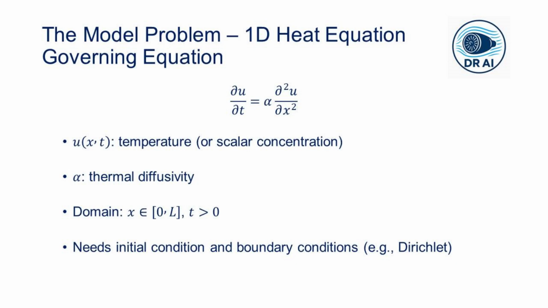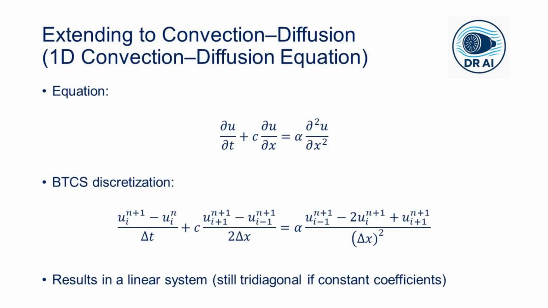In many fluid dynamics problems, we have not only diffusion but also convection, the transport of a quantity by a flow field. The simplest model is the one-dimensional convection-diffusion equation as displayed here, where c is a constant advection speed. This equation describes, for example, the temperature in a moving fluid or the concentration of a pollutant in a river.